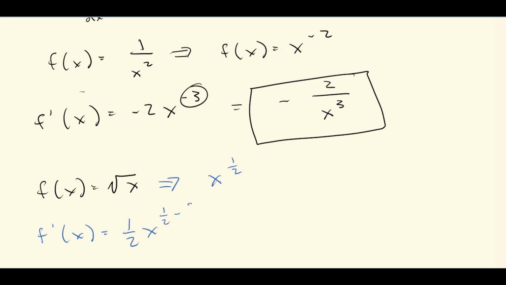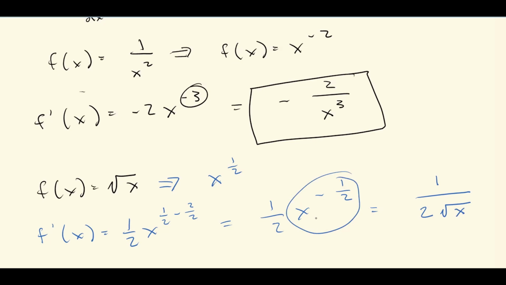So we're going to say minus 2 over 2, which is equal to 1/2 times x to the negative 1/2. And then we can write it in its more natural form: this is equal to 1 over 2 times the square root of x, because the square root wants to be in the denominator. So this is the derivative.